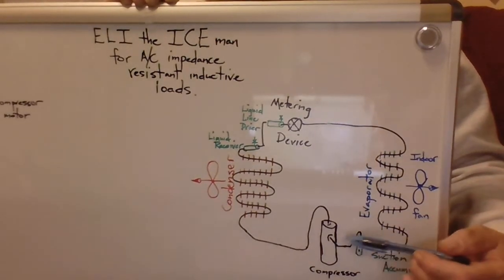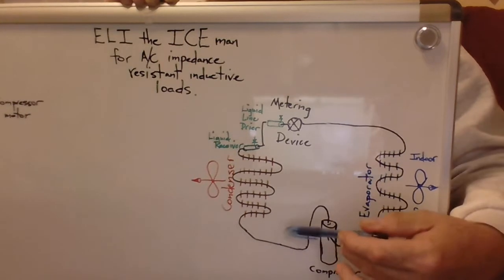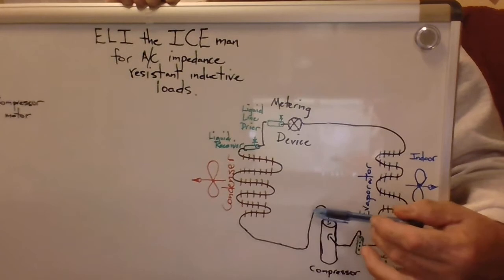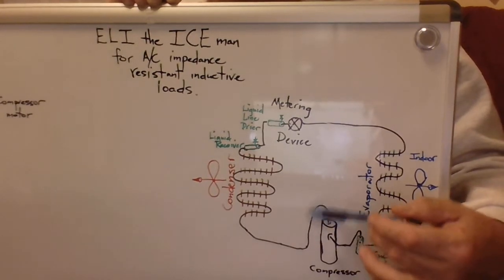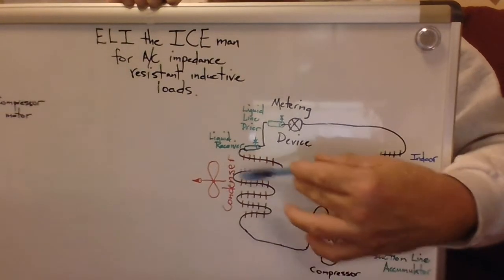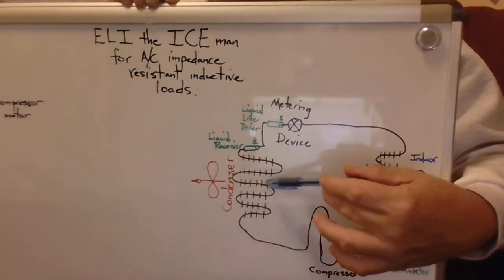And then that comes on around into the accumulator, into the compressor, and your discharge superheat is going to go up as well. It's no longer probably going to be between 50 and 90, it may be 100 or more on the discharge superheat.